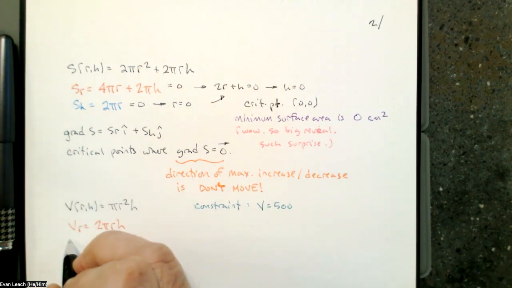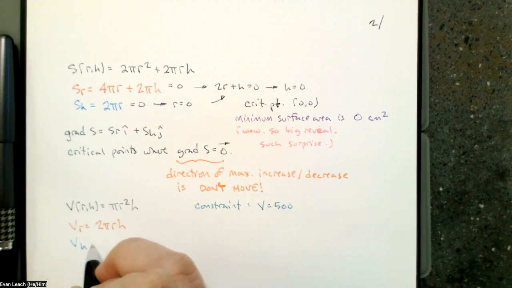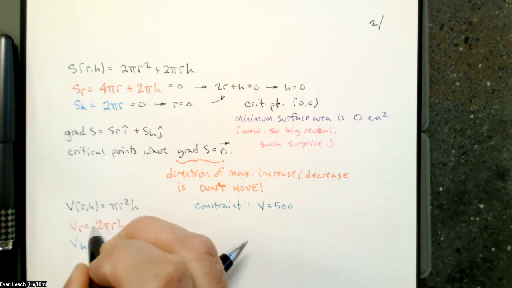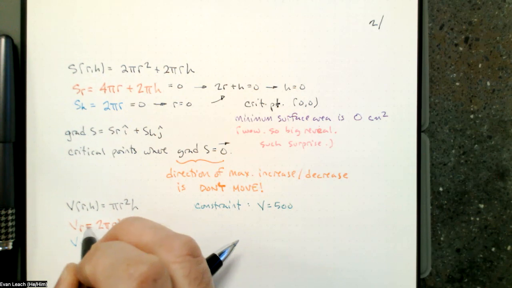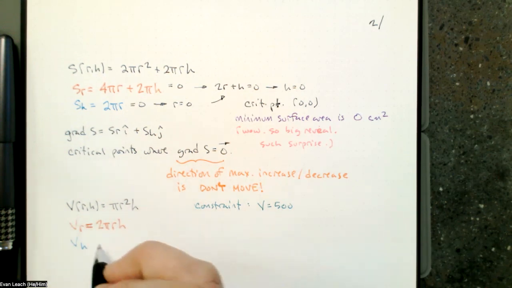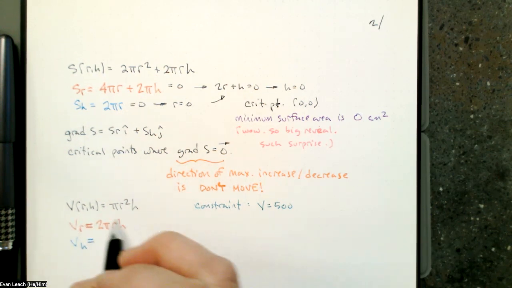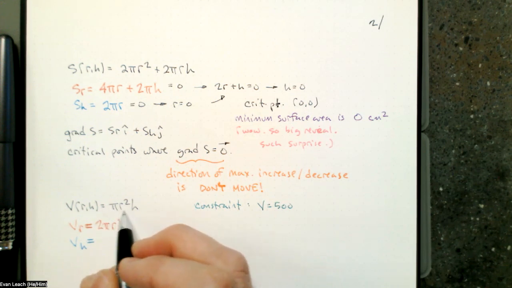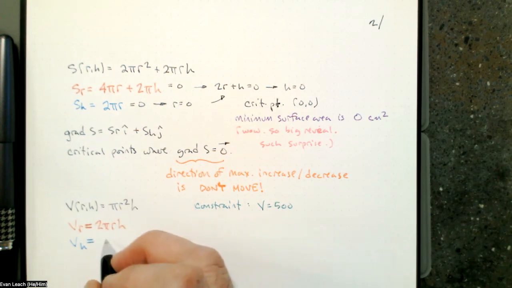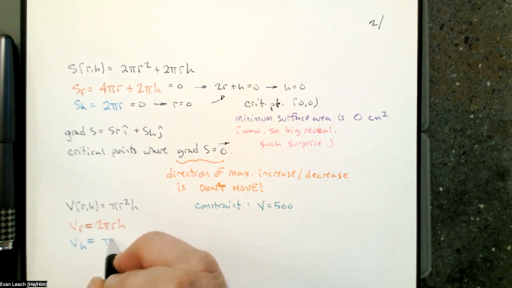And our derivative of V with respect to H, pi R squared is a constant factor. We have H to the first power, so the derivative is just pi R squared.